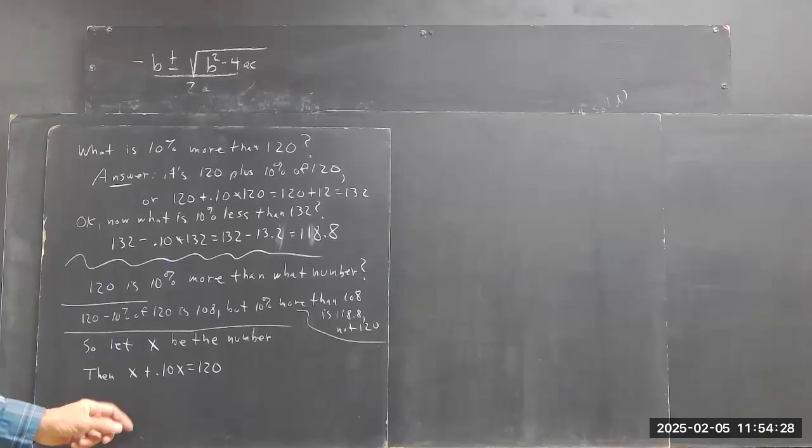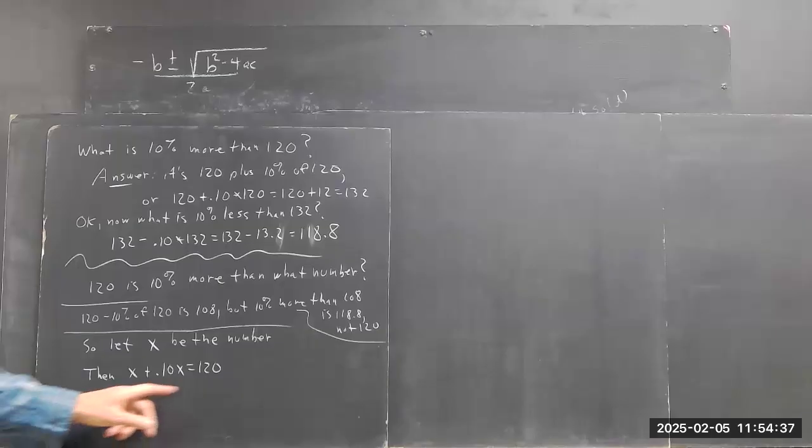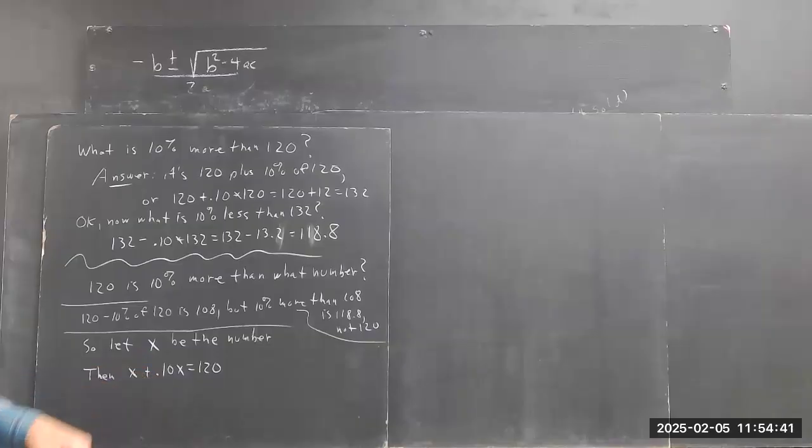Whatever the number is, when we add 10%, it's got to be 120 if it's the number we're looking for. Okay. And that's an easy equation to solve, isn't it? Well, you have to understand what to do with the decimals, right? So what do you get if you add 0.10x to x?